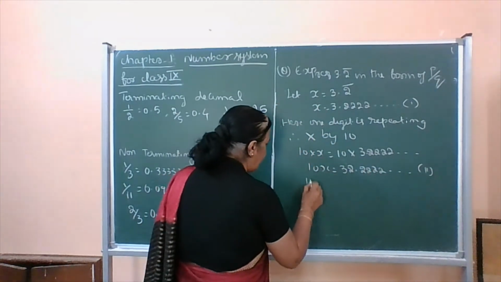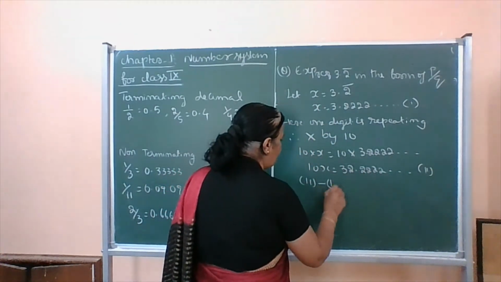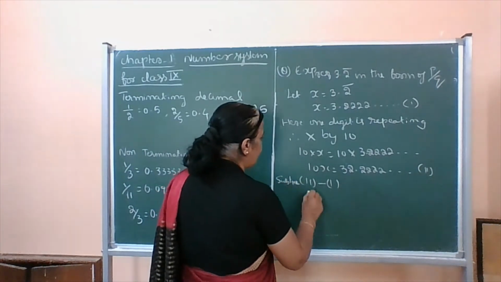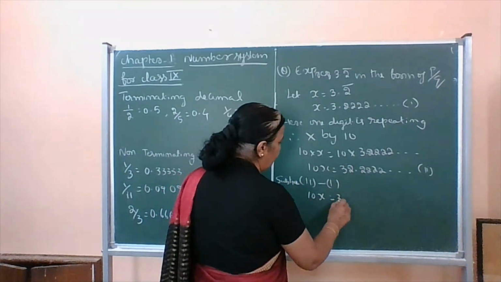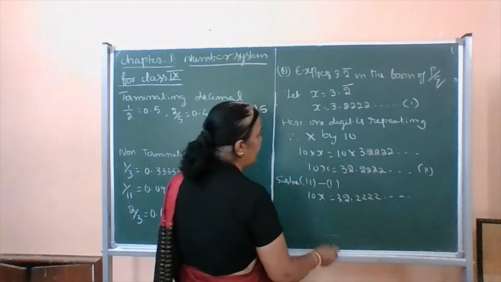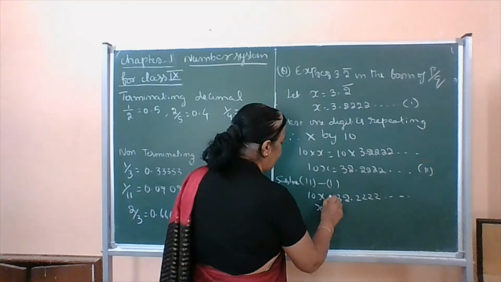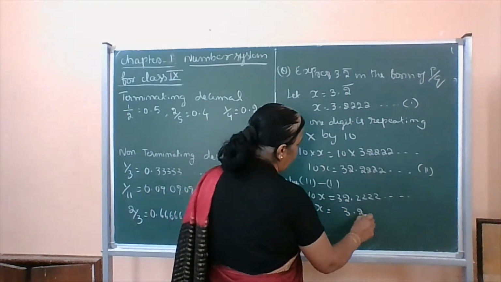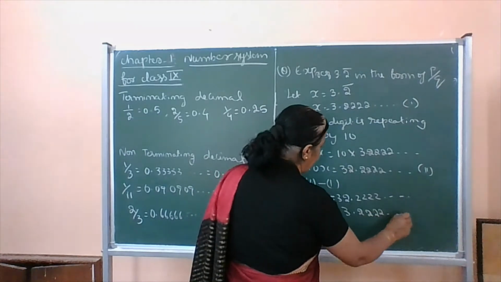Now, subtract 2 minus 1. That is 10x is equal to 32.222, like this. And then x is equal to 3.222, like this.